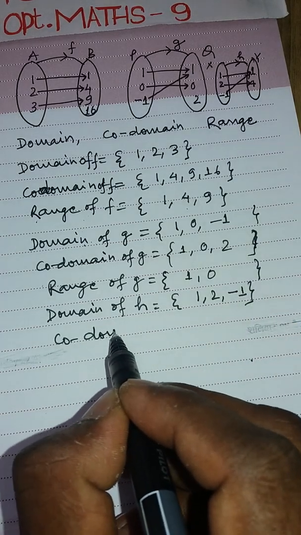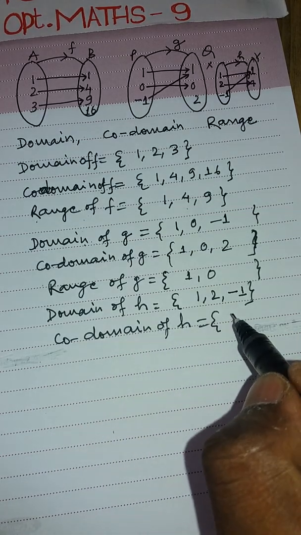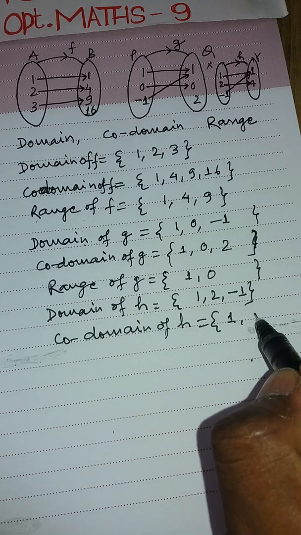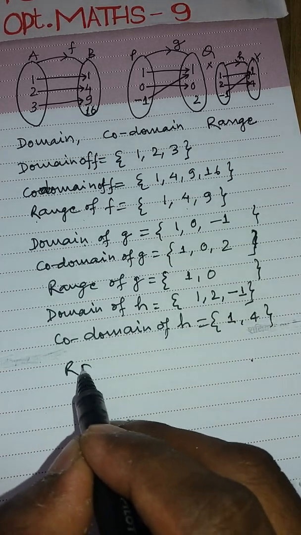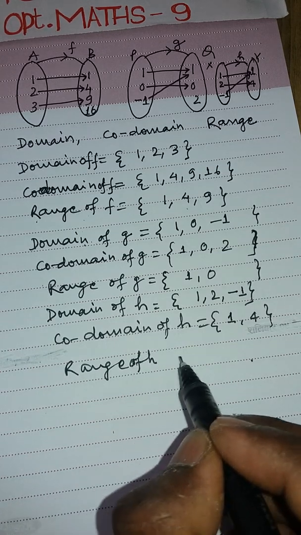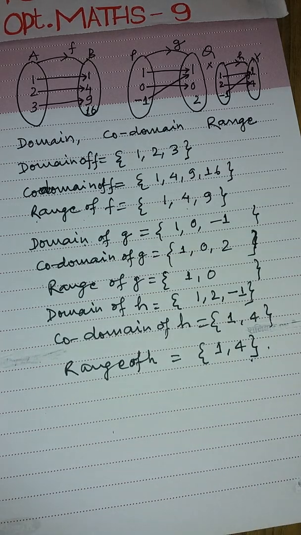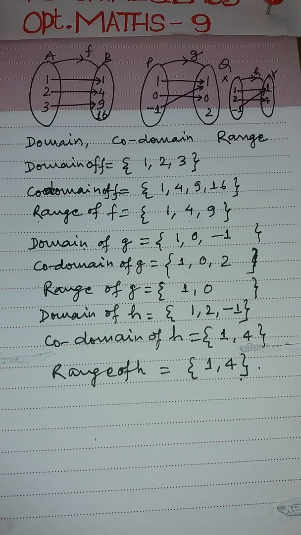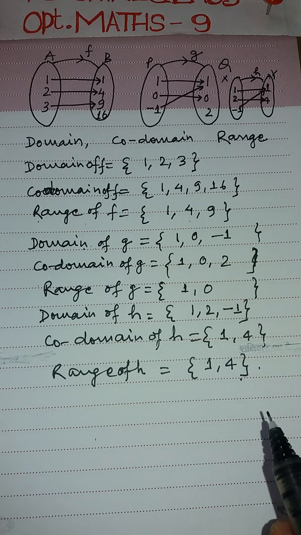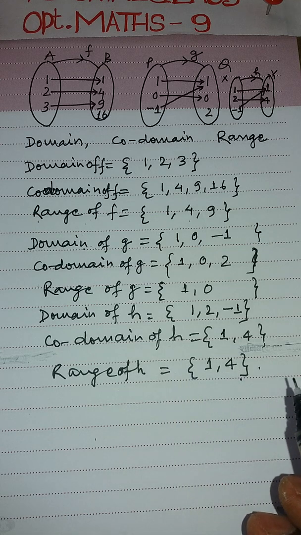Codomain of H equals 1, 4 and range of H equals 1, 4. See here, in this what we are getting, codomain and range both are the same, both are equal. Yes, sometimes it happens.